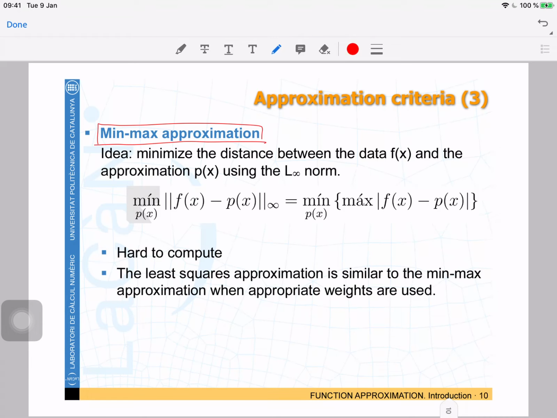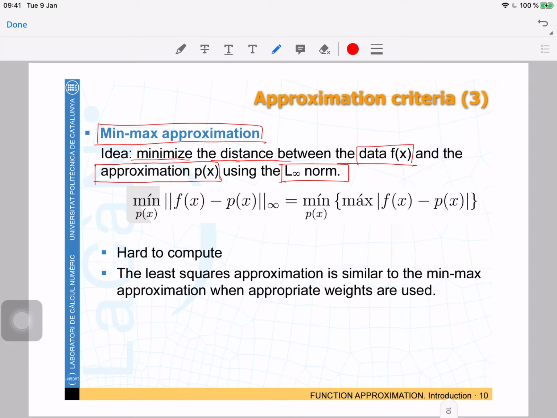The third approximation criterion is the min-max approximation. The idea behind this approximation is again to minimize the distance between the data f(x) and the approximation p(x), but here instead of using the Euclidean norm, we use the L infinity norm.